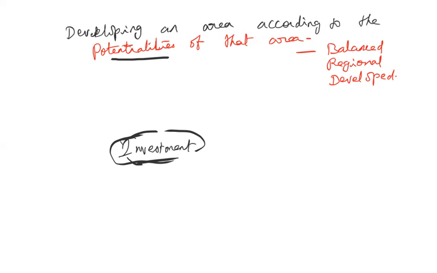It should not go waste. So don't neglect that area. Analyze and identify the potentiality of each and every backward area, and make the investment accordingly. You need not make the same amount of investment which you make in the forward area, but at least make some investment. If you are making 70% investment in the forward developed area, at least make 10%, 20% in the backward area also.